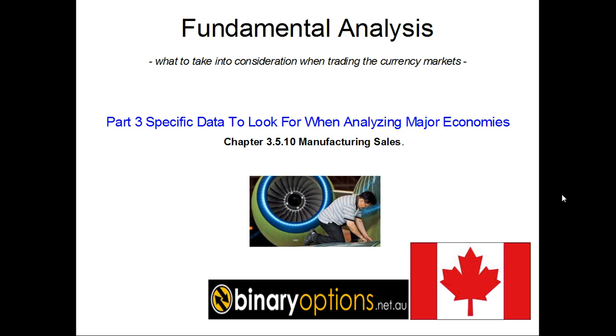Our next indicator out of Canada is called manufacturing sales, and this one is a second-tier indicator as well, but an important one, as the Canadian economy is a manufacturing-based one, not necessarily a service-based one. Canadian and Australian economies were or are different than US, UK, and Eurozone economies.